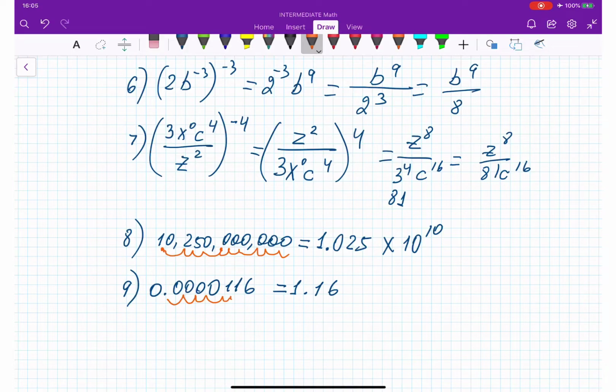Which means I have to divide by 10 to power 5. To divide, I'm writing down times 10 to power negative 5. When you have a negative exponent, that means it's a division. Why? Because you put 1.16 and you divide by 10 to power 5, right? Because of the negative sign.